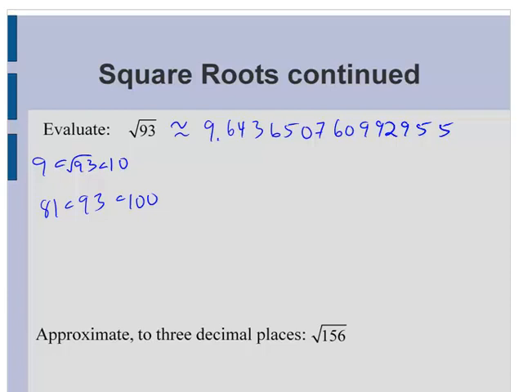But what I would like for you to notice here is that this decimal part doesn't end. It also does not repeat.